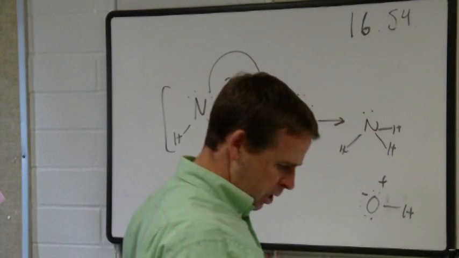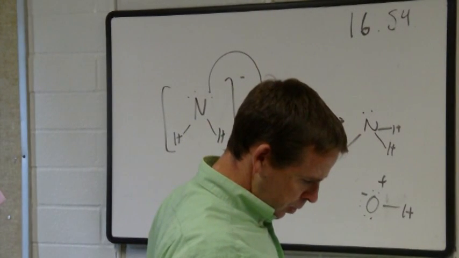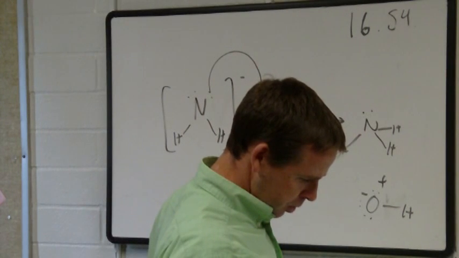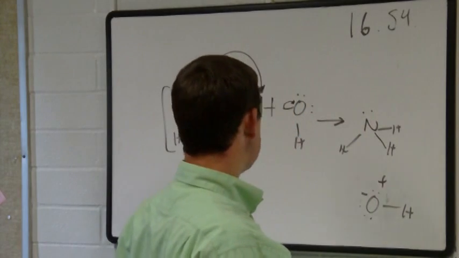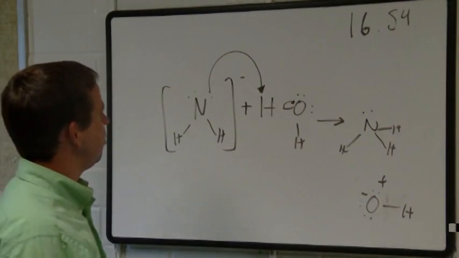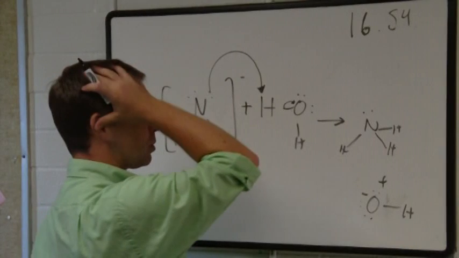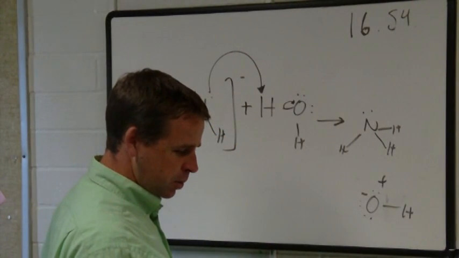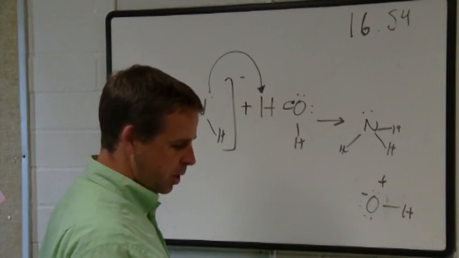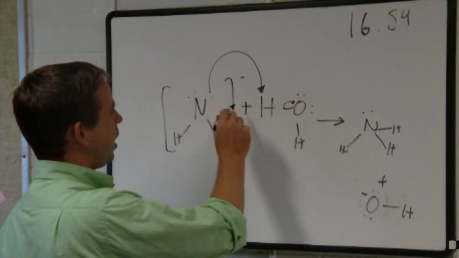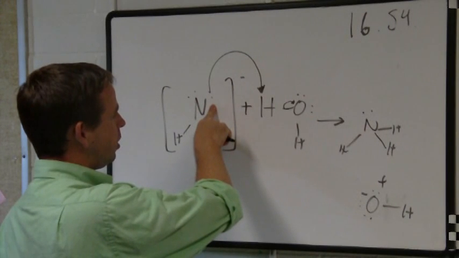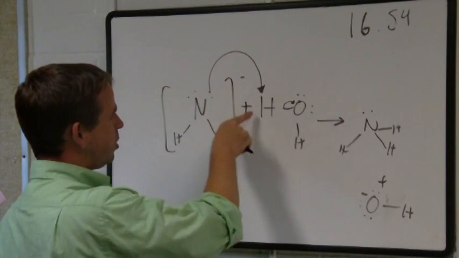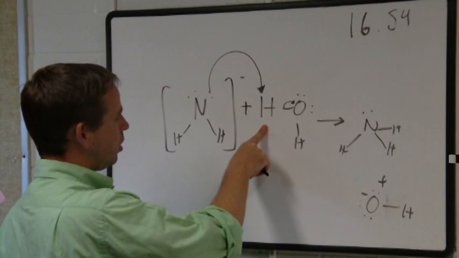But what did they say? Use Lewis structures to show how the following reaction can be viewed as the displacement of one Lewis base by another Lewis base from a Lewis acid. This is the displacement of one Lewis base by another Lewis base. So we have one Lewis base here taking a proton here.